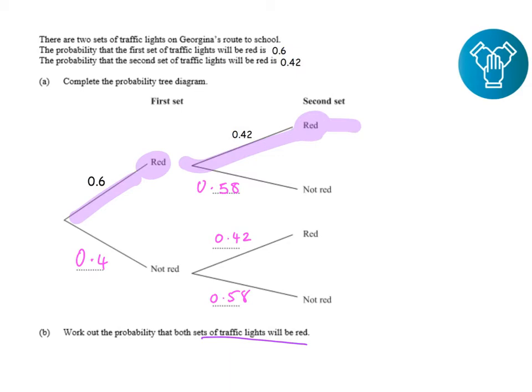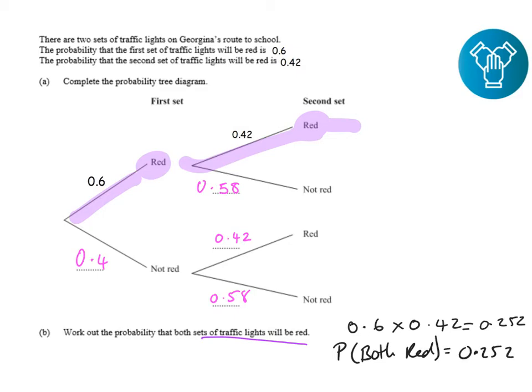So the calculation that I need to show is 0.6 times 0.42, which is 0.252. So the probability of both red lights is 0.252. You can write that as a fraction if you prefer as well.